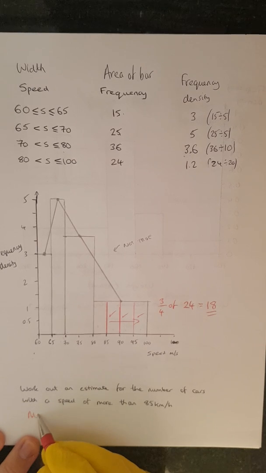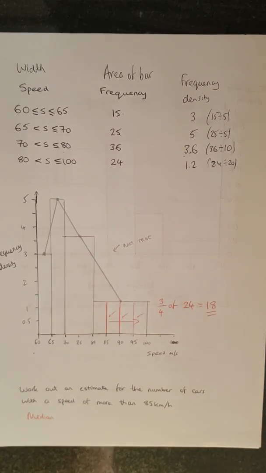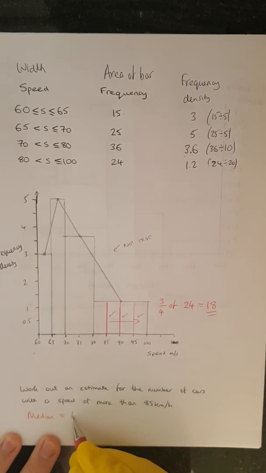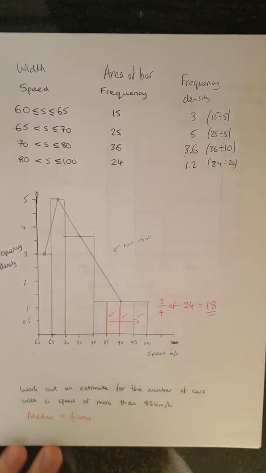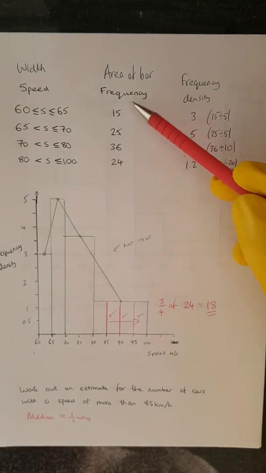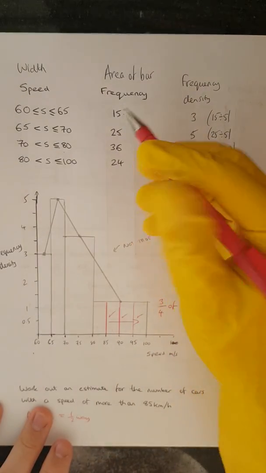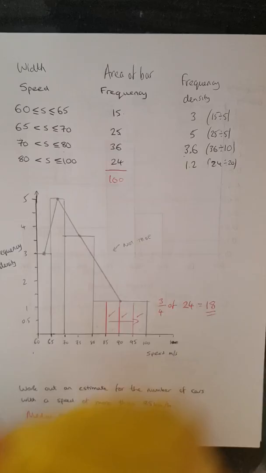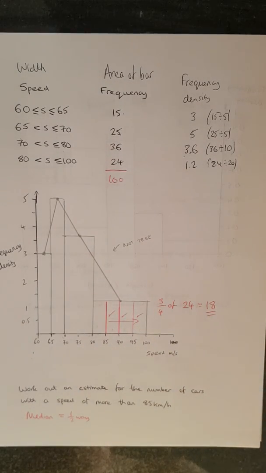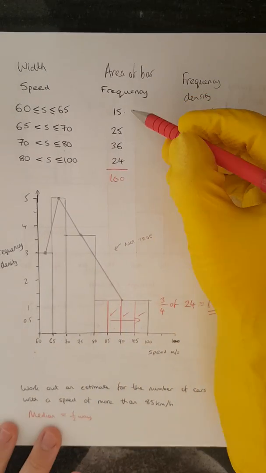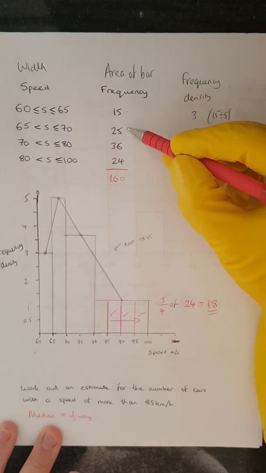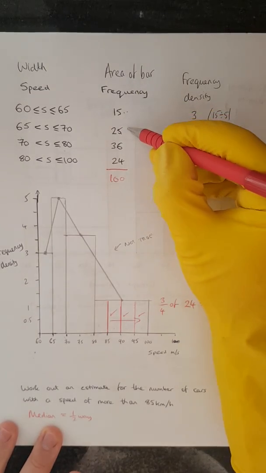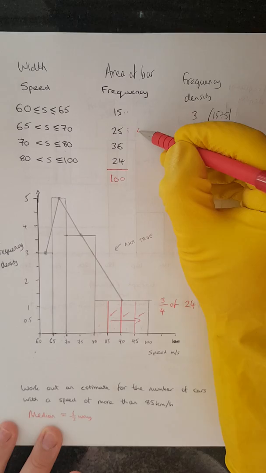Now, if they'd asked me to find the median, that would be an equally interesting question. That's halfway in the data. And if I add these up, they total 100. Now, that's the first 25, that's the next, first 15, that's the next 25, so that's 40.